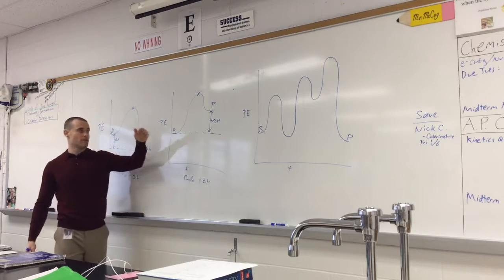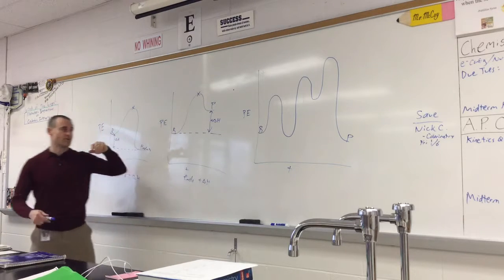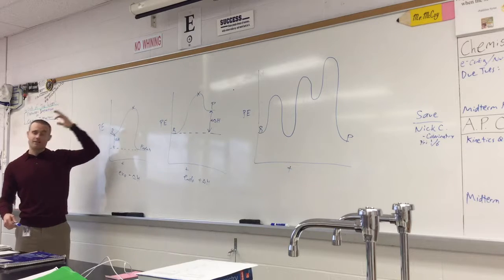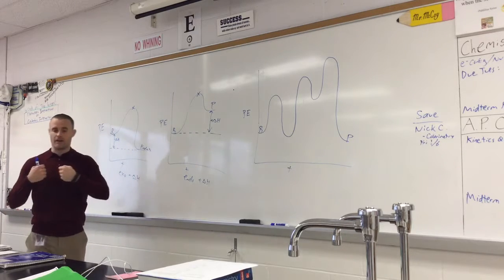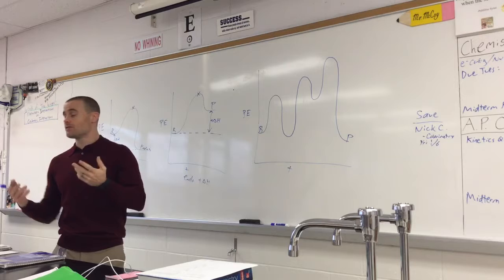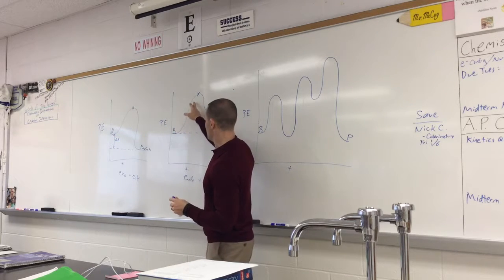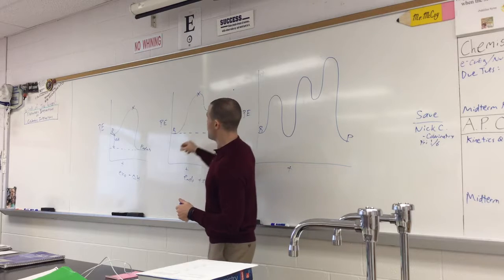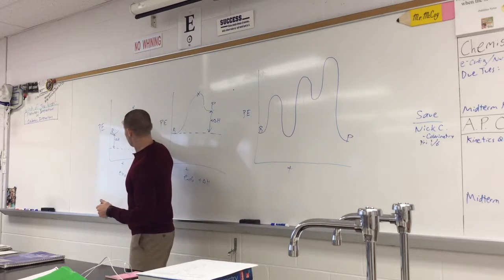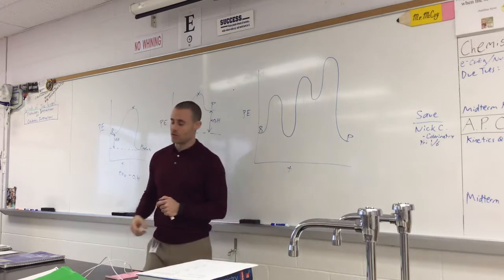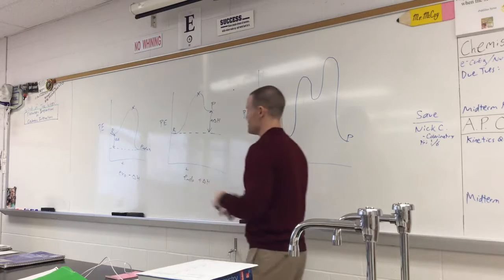And then activated complex is just another term for that. Right at the top of the peak is where particles collide. And if it's an effective collision or a fruitful collision, as that one video that I showed you guys in the past, it will continue on and make products. If it's not effective, it'll stay as reactants. It'll go back to being a reactant that isn't reacting.